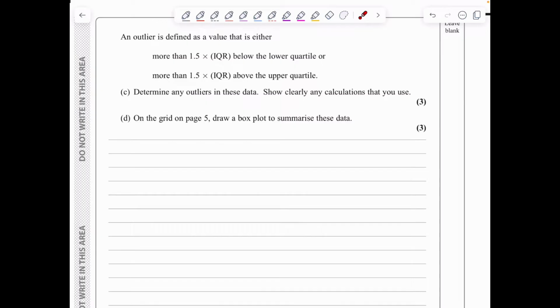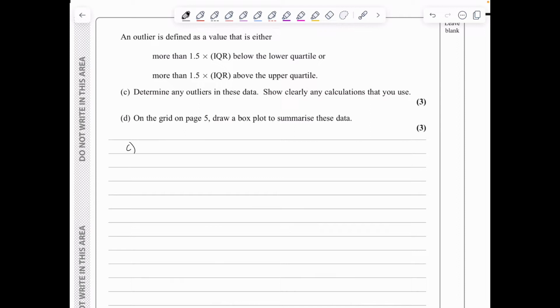We then proceed in being given a rule for defining outliers here. So any value that's either more than 1.5 times the interquartile range below the lower quartile, or more than 1.5 times the interquartile range above the upper quartile is deemed to be an outlier. So I need to start by finding the limits for outliers.